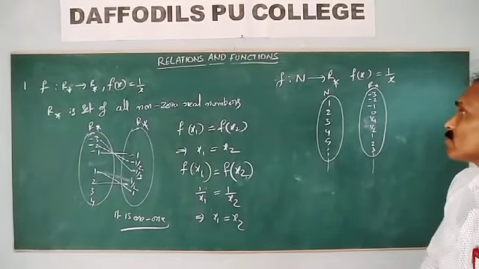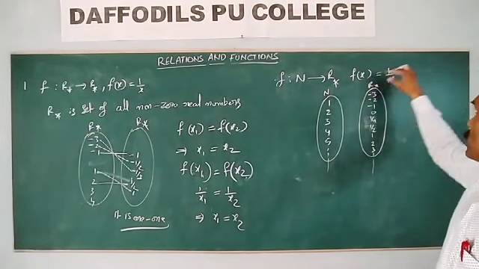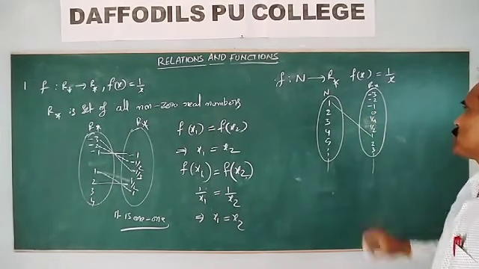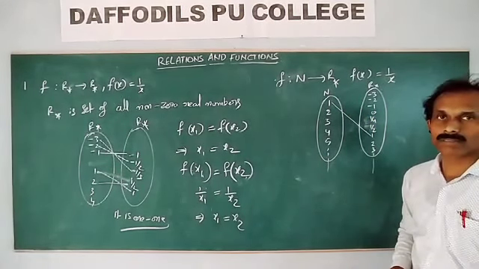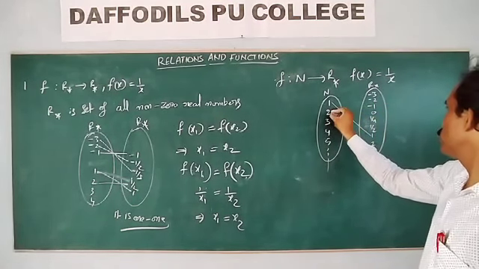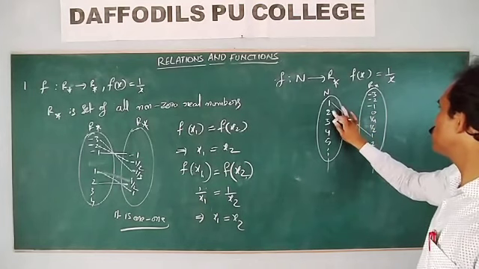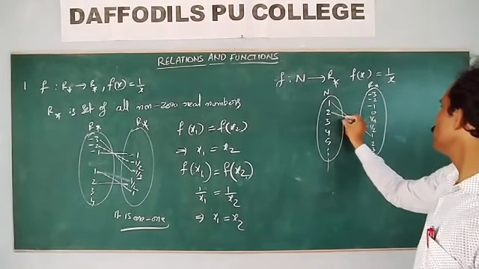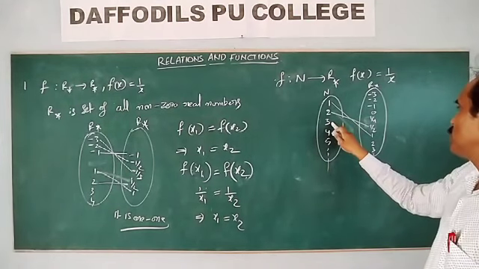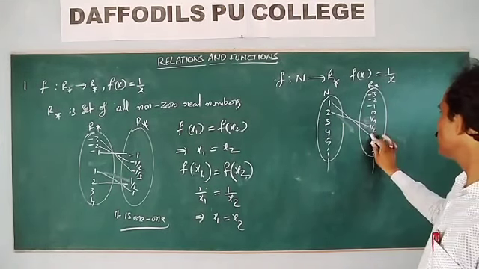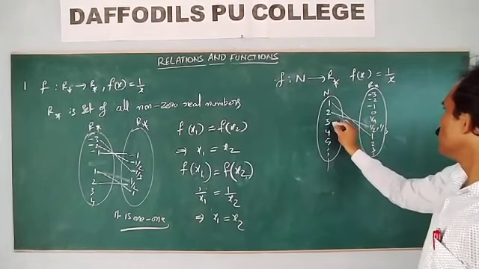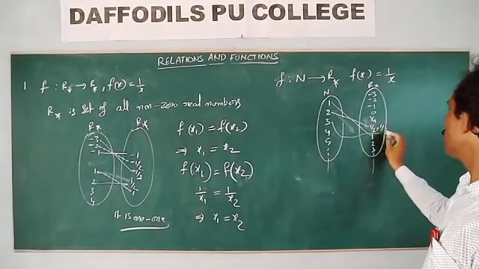If you take 1, substitute in this one, 1 by 1, it maps. Take 2, 1 by 2. If you take 3, 1 by 3.